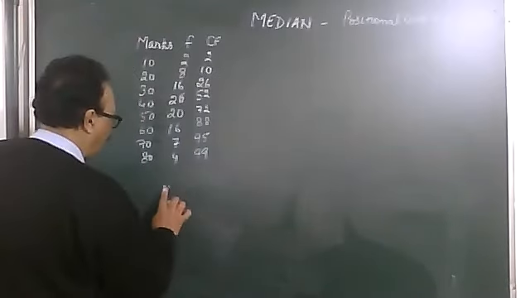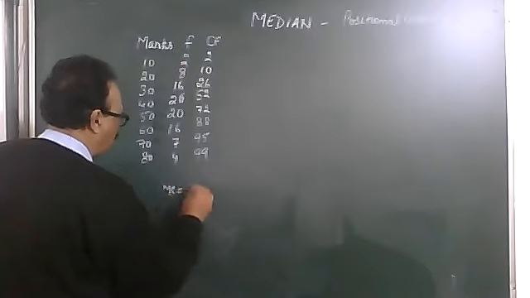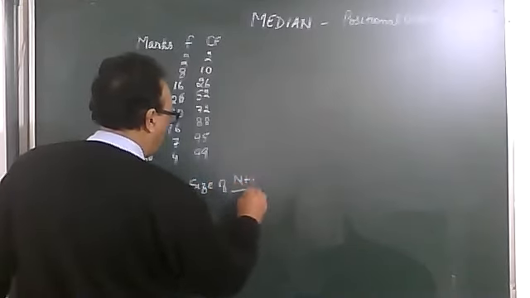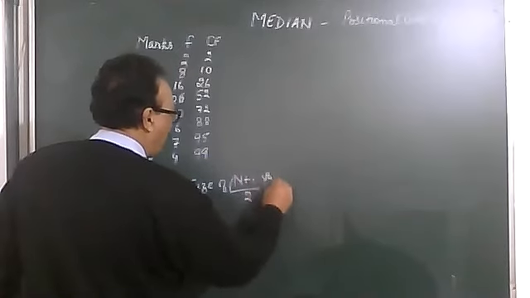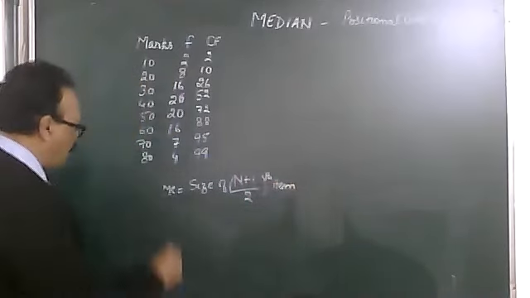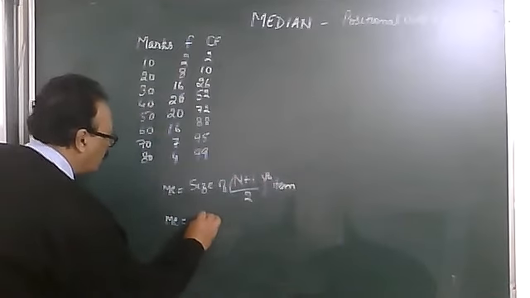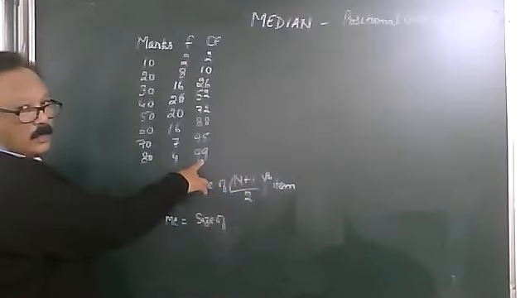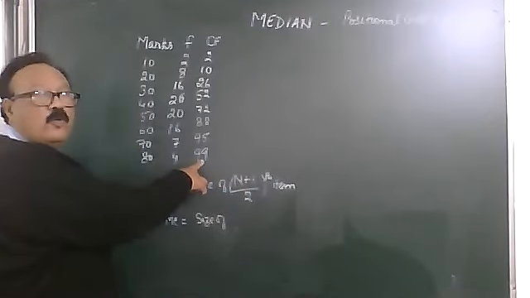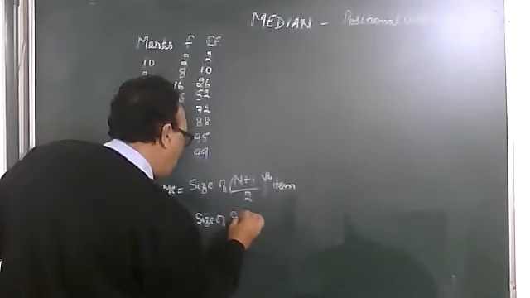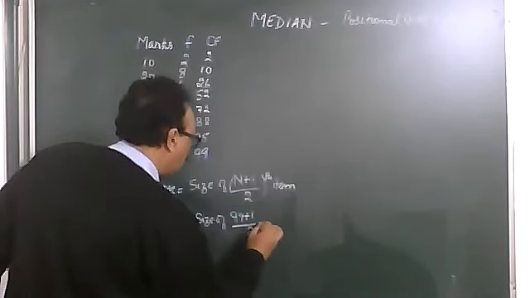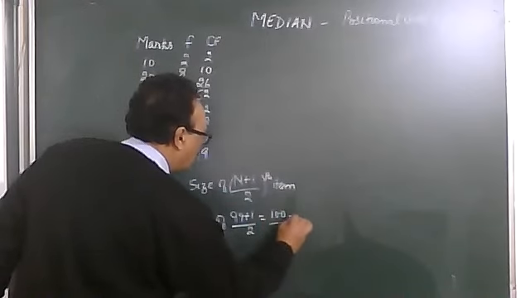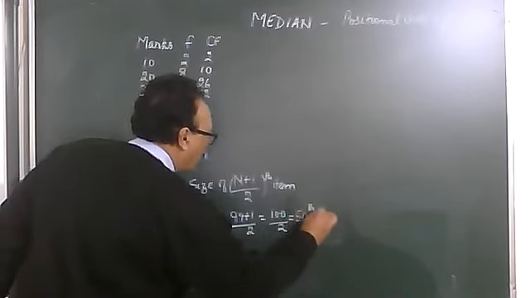Formula is the same. Median is equal to the size of n plus 1 upon 2 item. Here the n value will be the top value of the accumulation, that is 99 plus 1 upon 2, and that is equal to 100 upon 2, that is equal to 50th item.